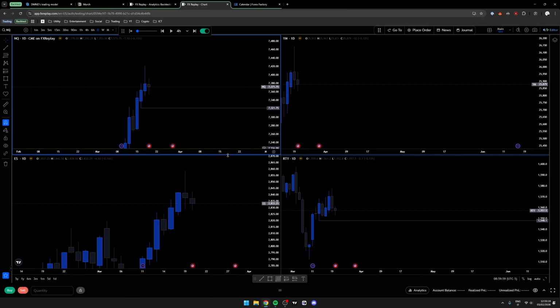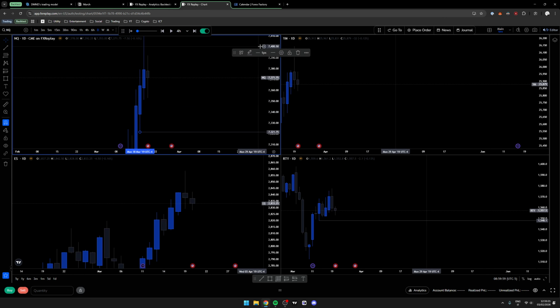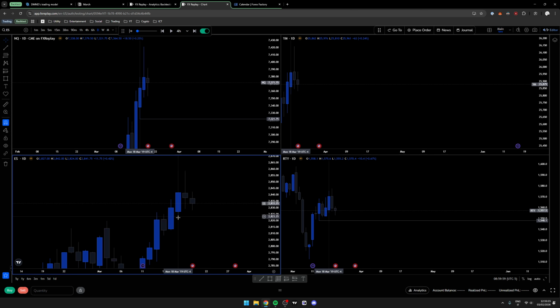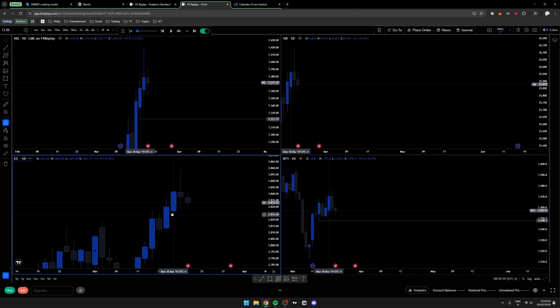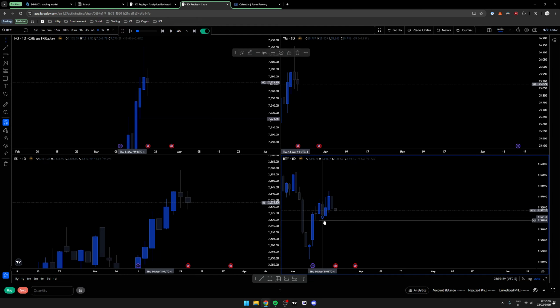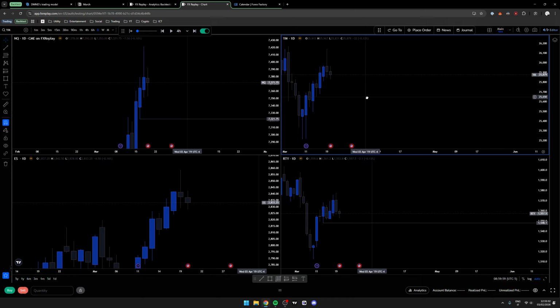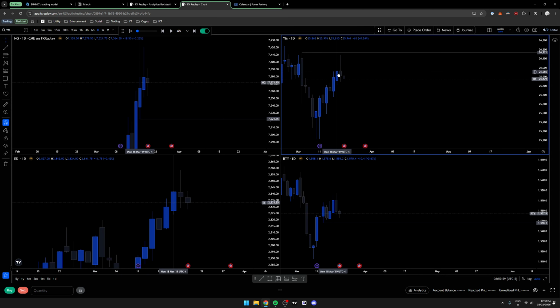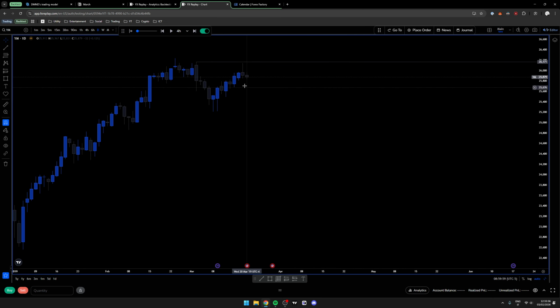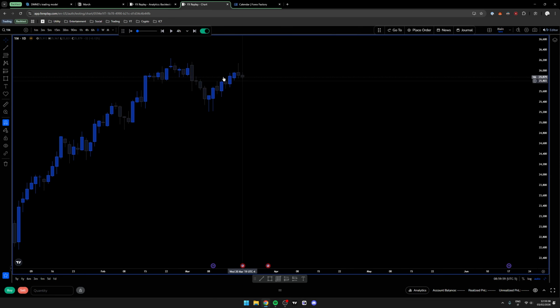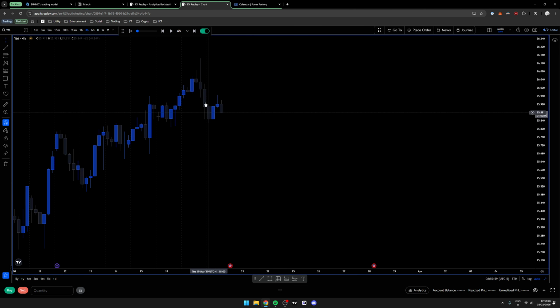So internal range could beat this. Yeah, but you see how we leave equalize. You know, this is just a retracement here. So we have to pay very close attention to what happens with how the day is developing.